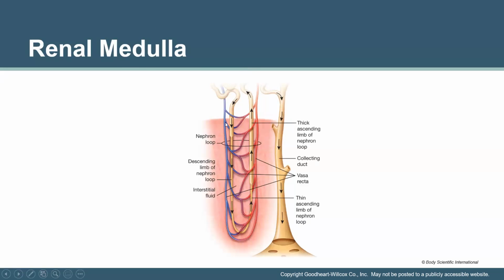We notice the flow of filtrate. We also notice thick portions and thin portions to the tube. So in the descending loop, it's primarily thin. As it comes up into the ascending loop, the tube gets a lot thicker, and it will eventually end into the collecting duct. The collecting duct will continue and dump its product into a calyx.